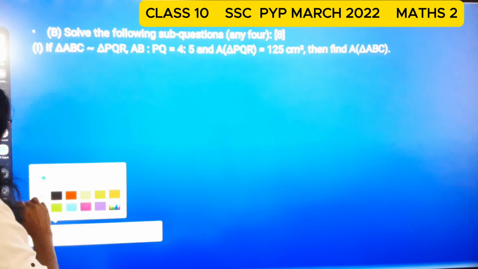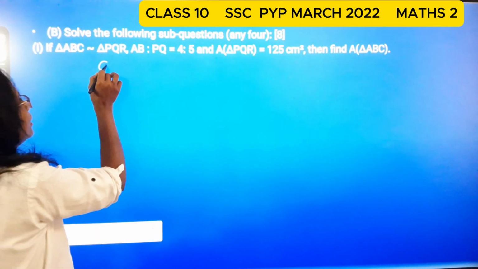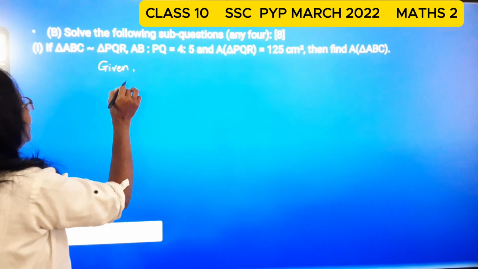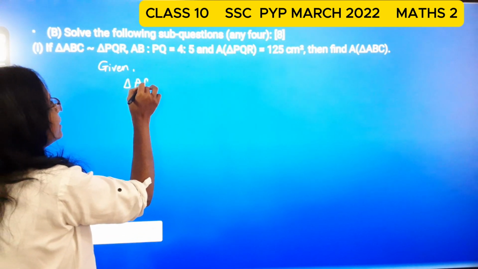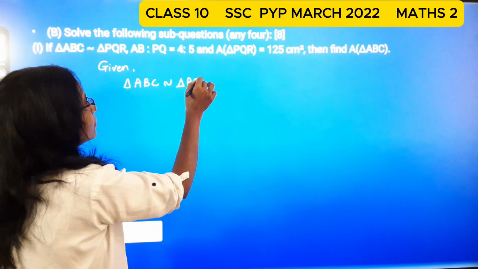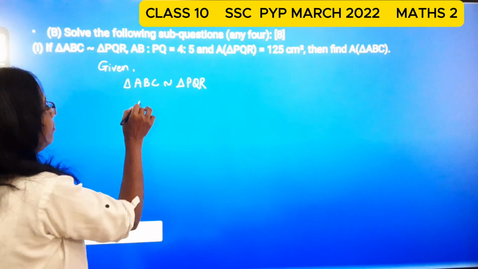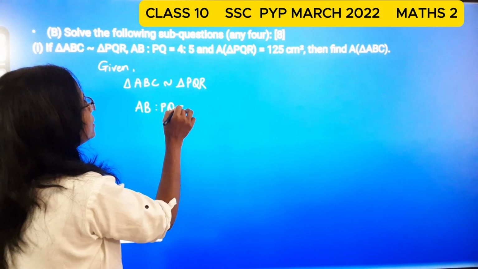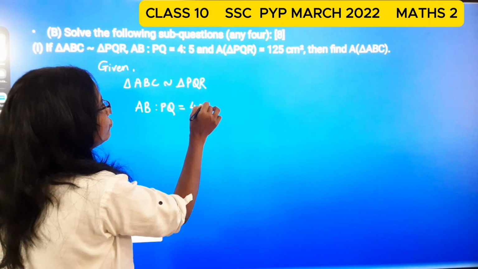First we write the given. Here students, triangle ABC is similar to triangle PQR. Then here AB is to PQ is equal to 4 is to 5.